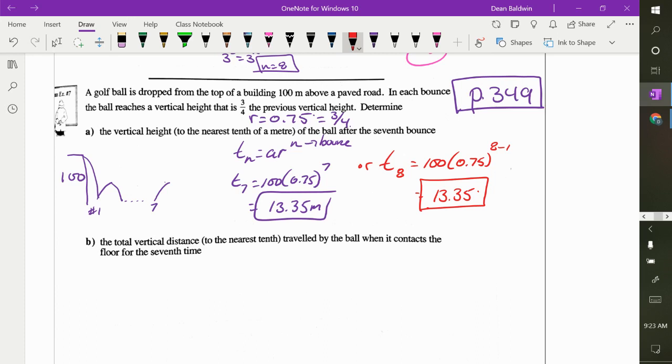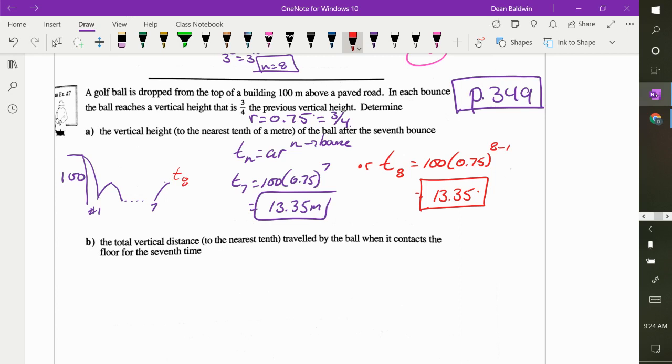What's the answer? Okay. So because it says the word after, you can just use N up here. But if you don't like that, you remember if it's a 7th bounce, you're actually looking for T8.